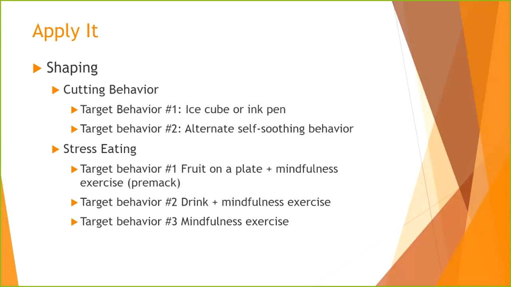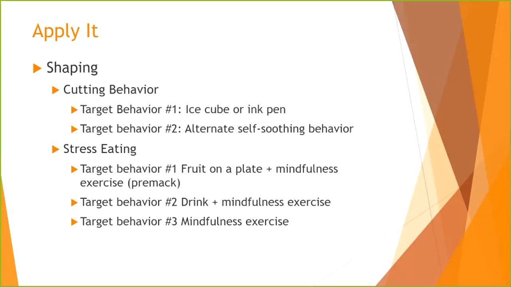Stress eating. Target behavior: the first step might be, instead of gorging on a pint of Haagen-Dazs, put some fruit, which is still sweet, on a plate, so you're not just walking around shoving any fruit into your face, and do a mindfulness exercise.